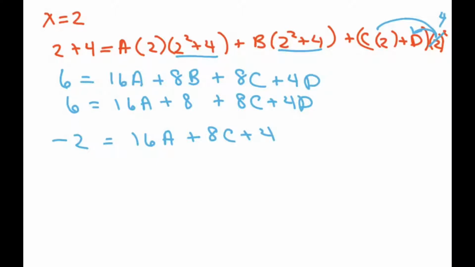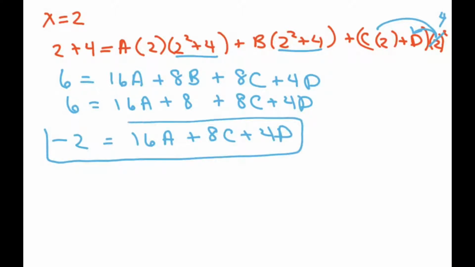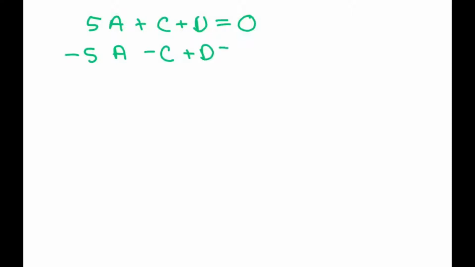All right, now we have our system of linear equations, and I'm going to solve these equations. The first one I'm going to use is this one. We have 5A plus C plus D equals 0. And I also have negative 5A minus C plus D equals negative 2.